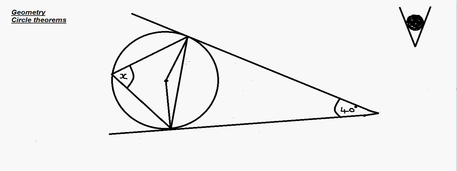Now, one thing I do know from our circle theorems is that if this is the radius here, the radius is going to touch this line at right angles. Equally, this one is touching the radius at right angles.